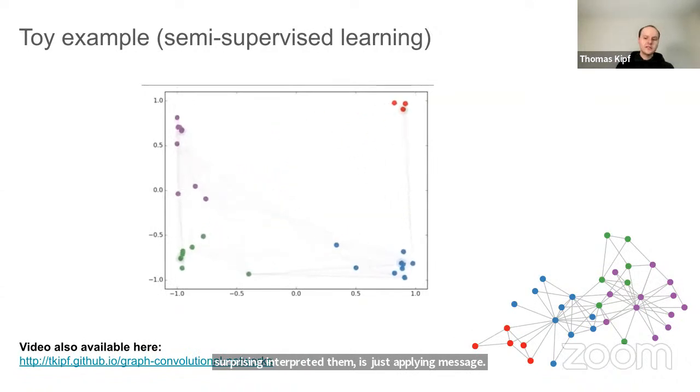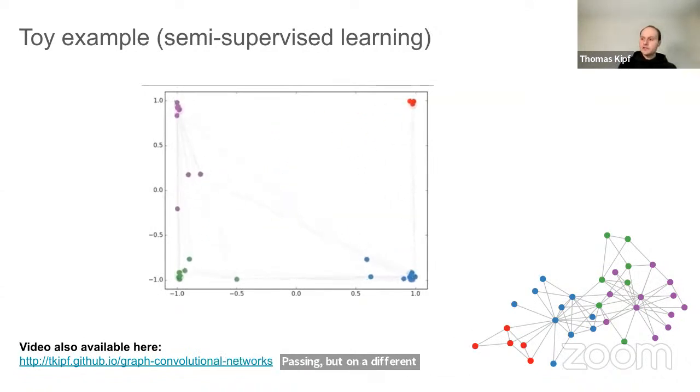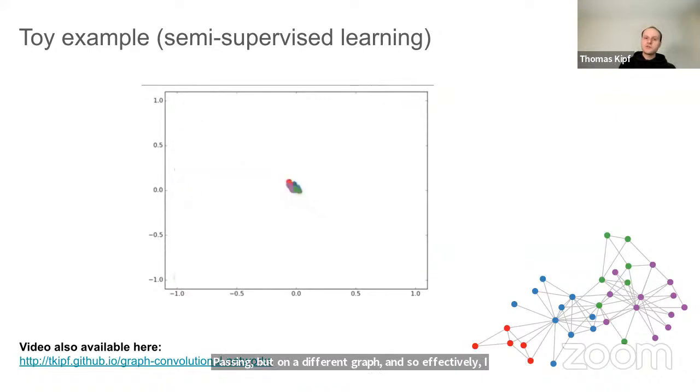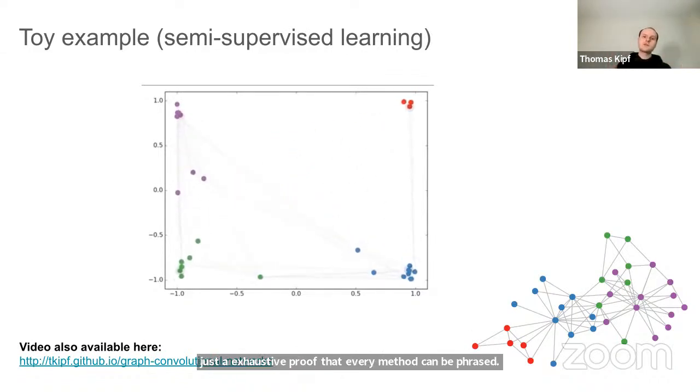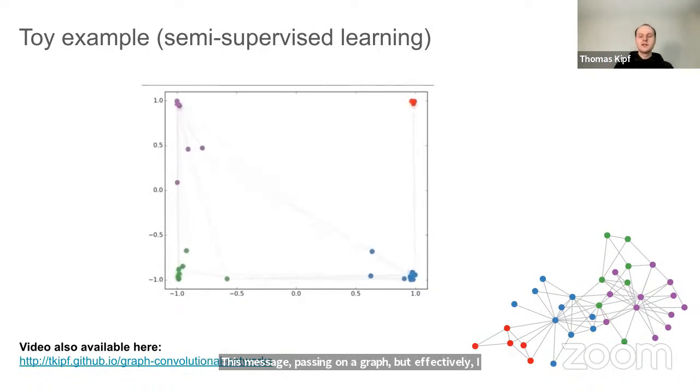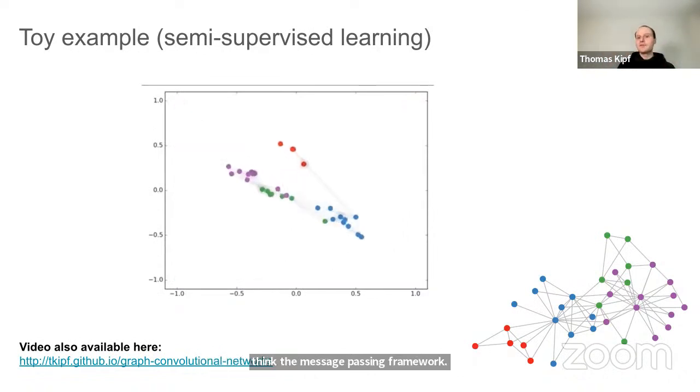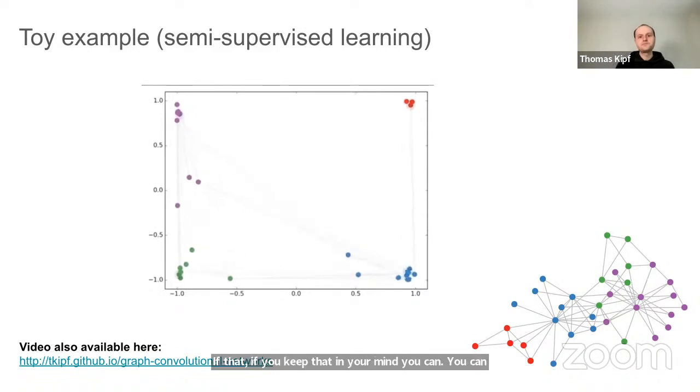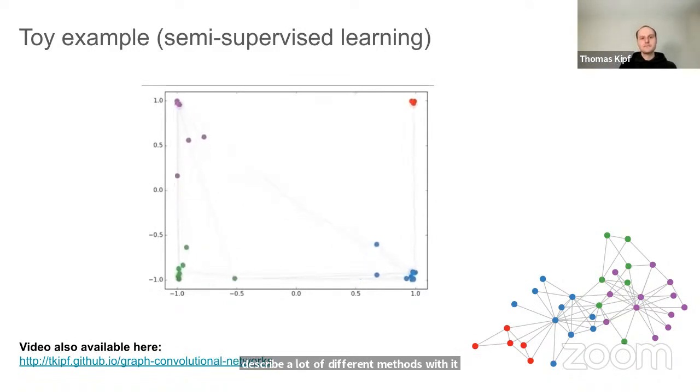I don't think there's an exhaustive proof that every method can be phrased as message passing on a graph, but if you keep the message passing framework in mind, you can describe a lot of different methods with it. Thank you.